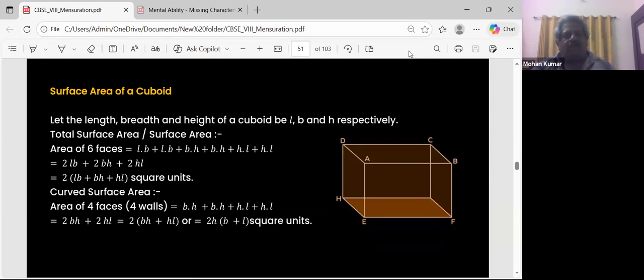Curved surface area is always called the area of 4 walls. It is taken as 2BH plus 2LH. The room in which you are sitting has 2LH and 2BH walls. That is why it is taken as the area of 4 walls.